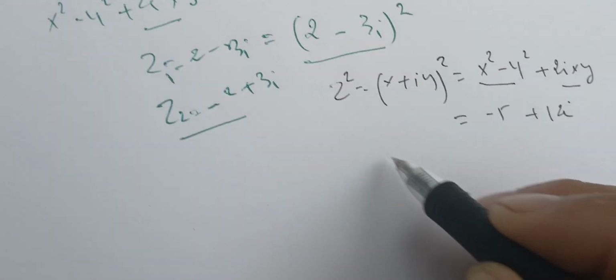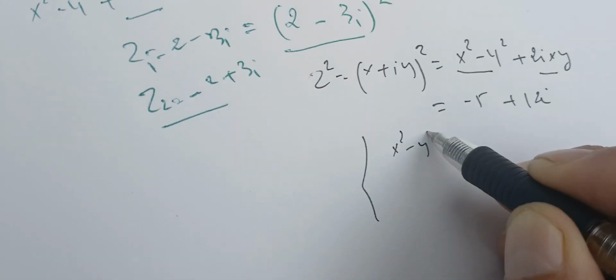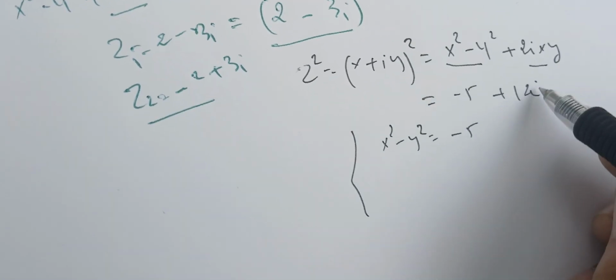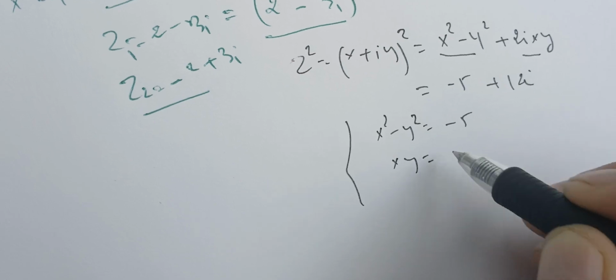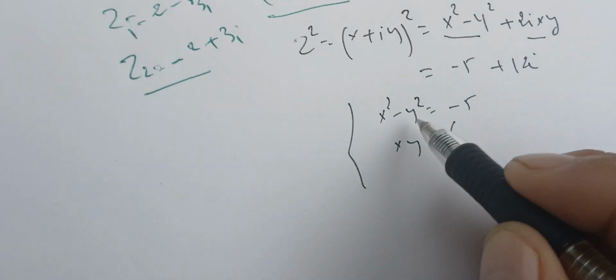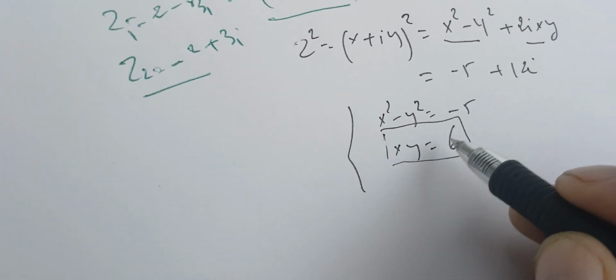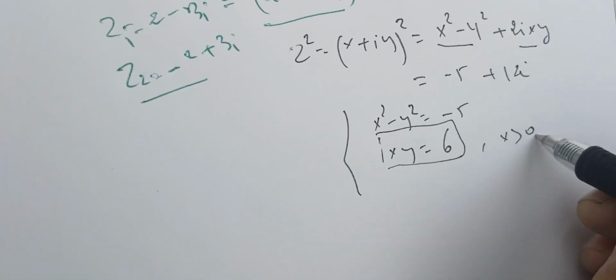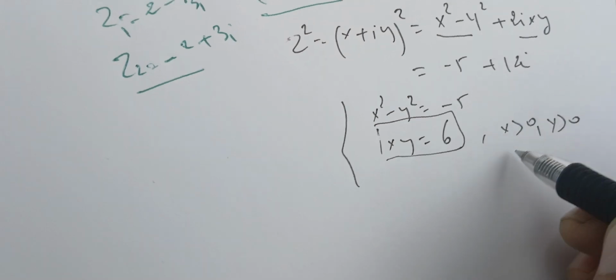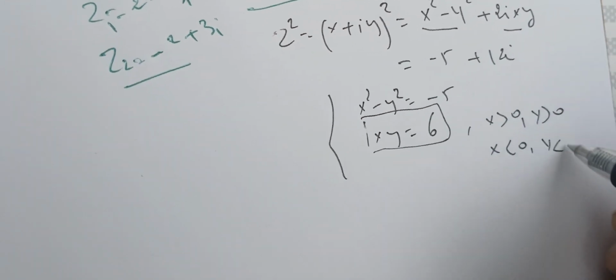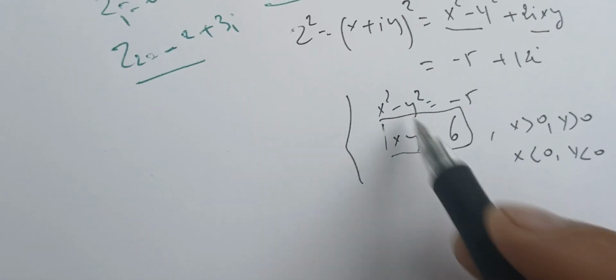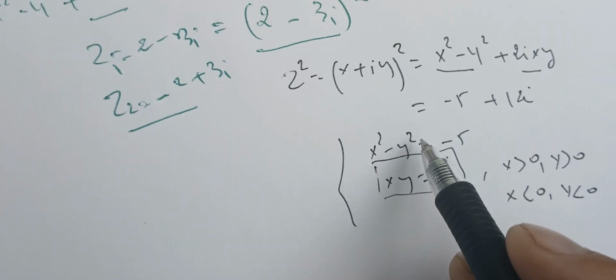From here we get that x squared minus y squared is minus 5, and xy is 6. From this condition, because x and y are real, either x is positive and y is positive, or x is negative and y is negative. We can solve here and find x and y.